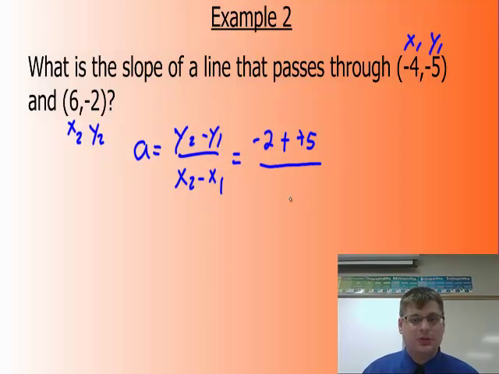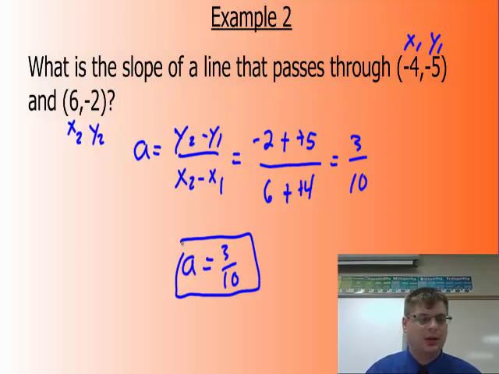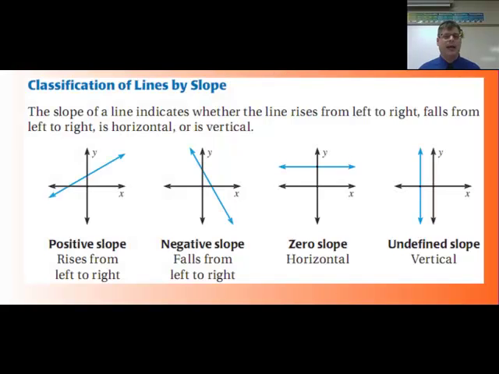Then x sub 2, which is 6, minus x sub 1, so minus negative 4, again because the minus negative makes it positive. Thus, I'll have a slope of 3/10. So a, my slope, is 3/10. We just found it algebraically. Not too bad. Moving on.